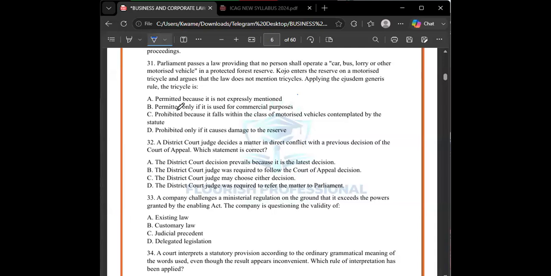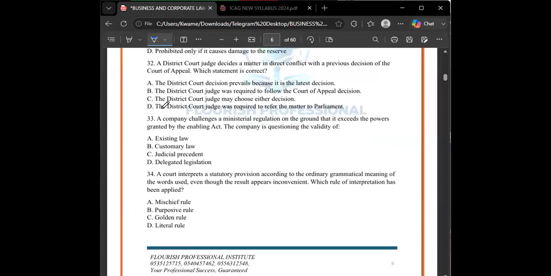Applying the ejusdem generis rule, the answer is C, prohibited because it falls within the class of motorized vehicles contemplated by the statute. So for ejusdem generis, once there's a list and something is not part of the list, but it is in the nature of what's on the list, it is part of it. Okay.